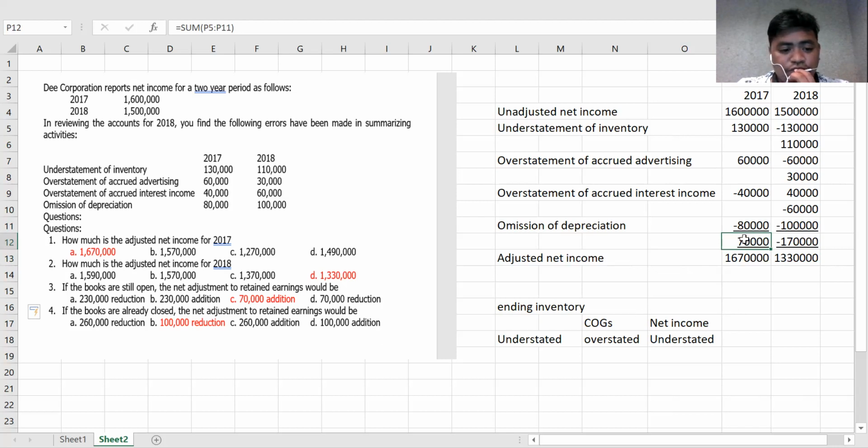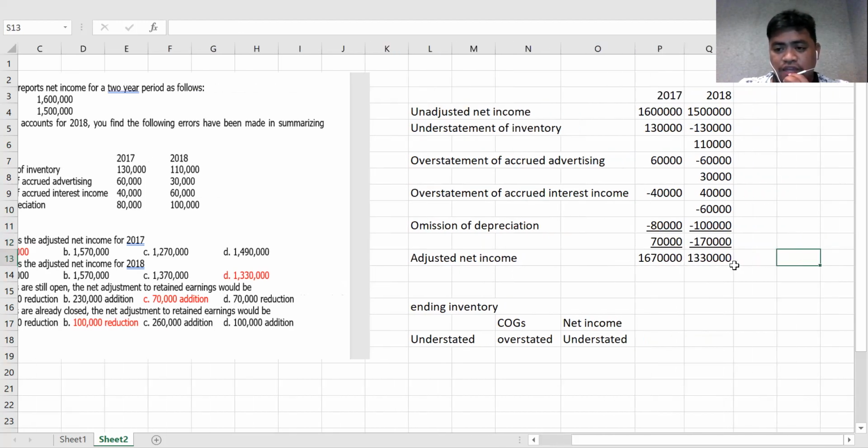If books are closed already, you just offset the 2017 net adjustment and the 2018 net adjustment. That would be 70,000 addition, and for 2018, 170,000 deduction. So the net would be 100,000 reduction to retained earnings.